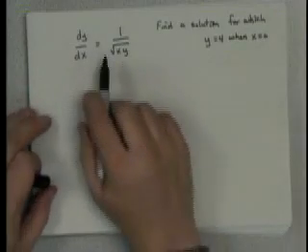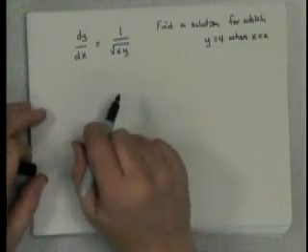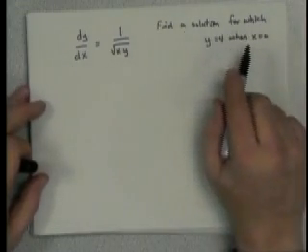So I have dy/dx equals 1 over the square root of the quantity, the product of x and y. And I want to find a solution for which y equals 4 when x is 0.